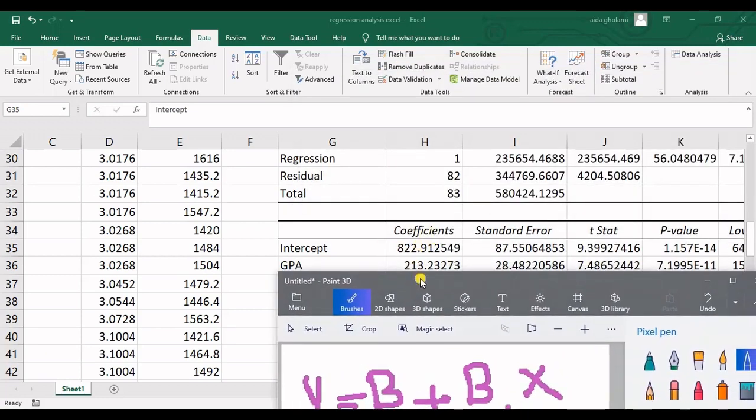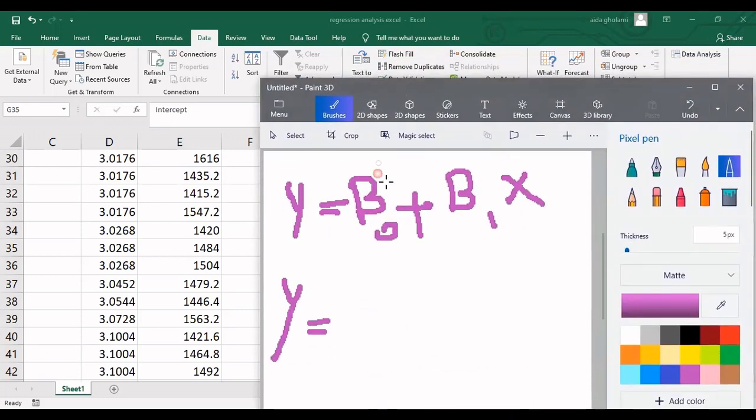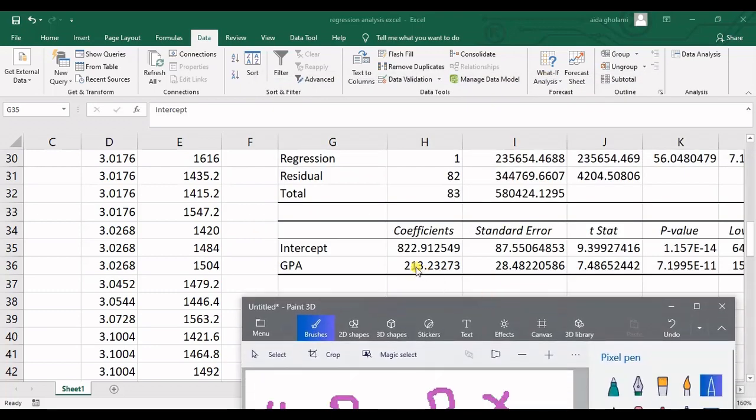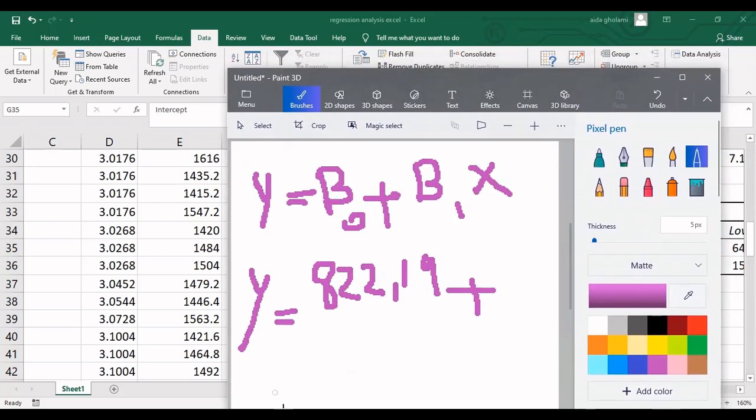Our intercept is 822.19 plus beta 1 here is 213 times x.